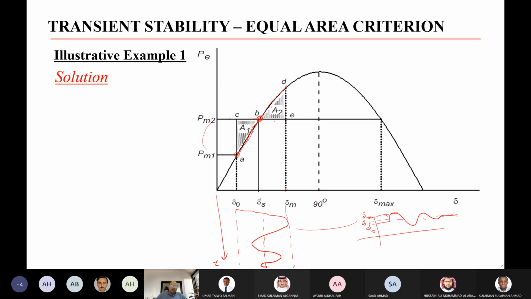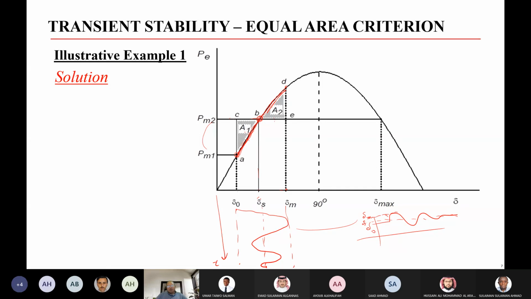We can get the acceleration area by integration: the area of this rectangle, Pm times delta, minus the area under the Pmax sine delta, integrating from delta 0 to delta S. And the deceleration area is the area under the curve minus the area of this rectangle, which is Pm2 times delta M minus delta S. And we can have the condition.